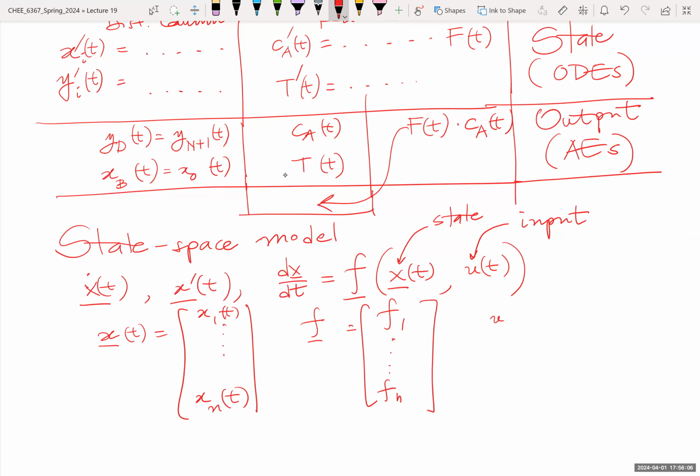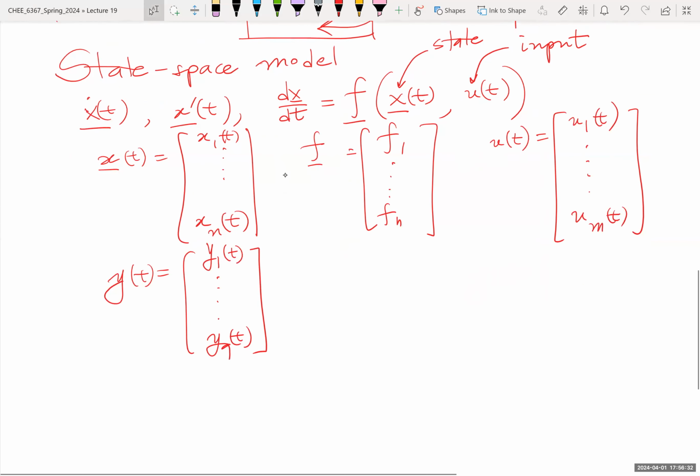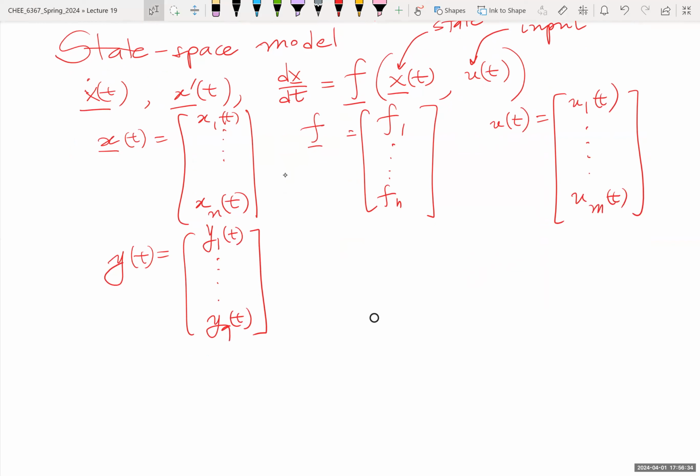Same thing for u of t, which is an input, which has u1 of t through um of t. It has all of these components. And you can do the same thing for the output. y of t is going to be y1 of t all the way through yq of t. This is the representation of your system.